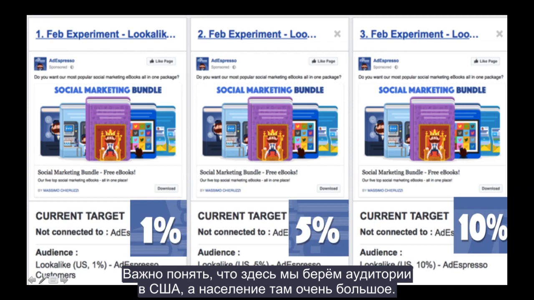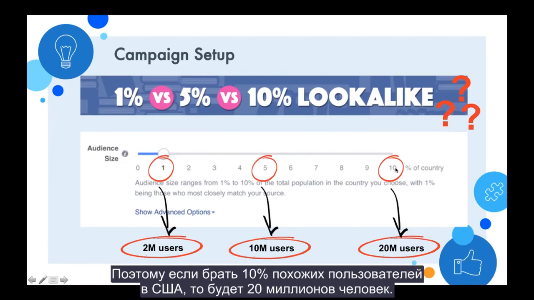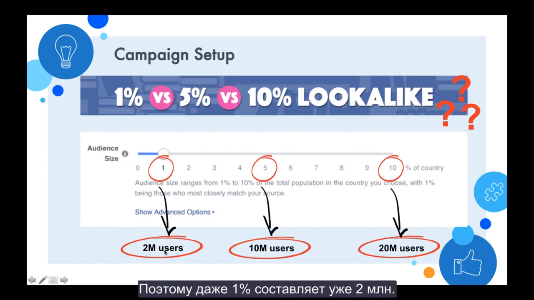So the overall population in the United States of America is high, so if the 10% lookalike in the US is 20 million people, then the Facebook population in the US is more than 200 million, and therefore also the 1% is already 2 million. So they have very large numbers, okay?